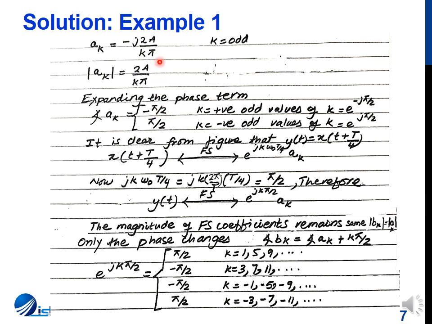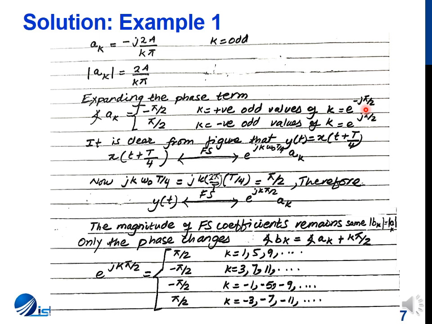And when k is negative, then the negative sign of k and this negative cancel, and we have a_k equal to positive j2A by k pi for negative odd values of k. So then we have a phase shift of pi by 2. This phase shift can also be written as e^(j pi/2) or e^(-j pi/2).